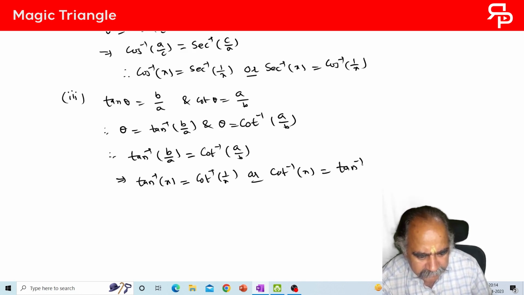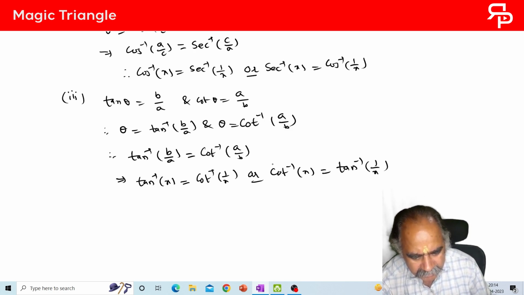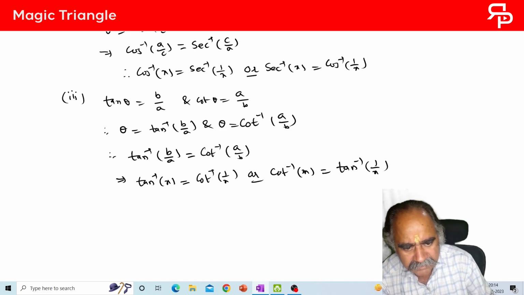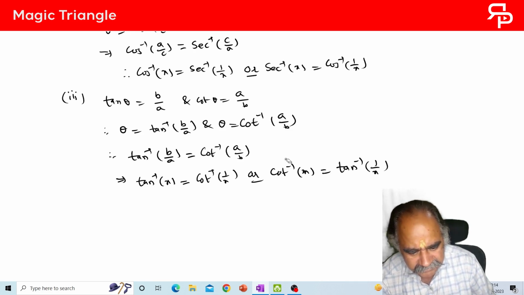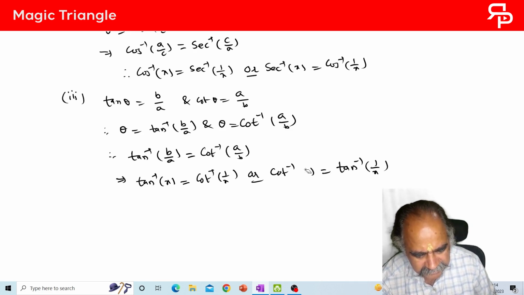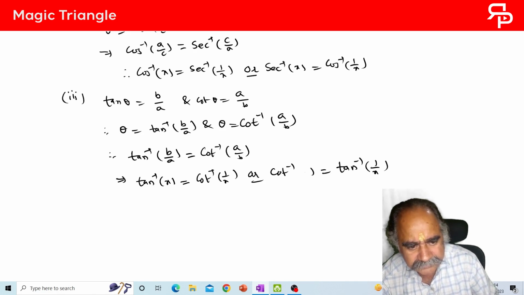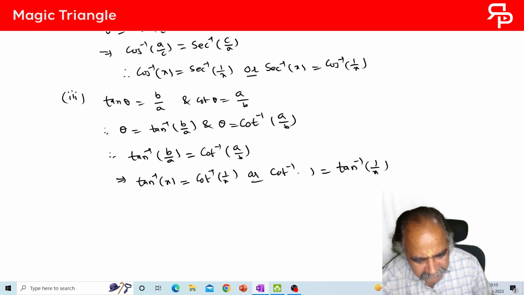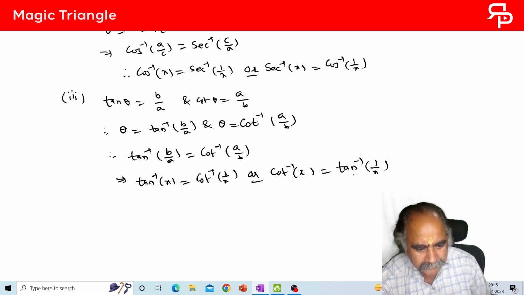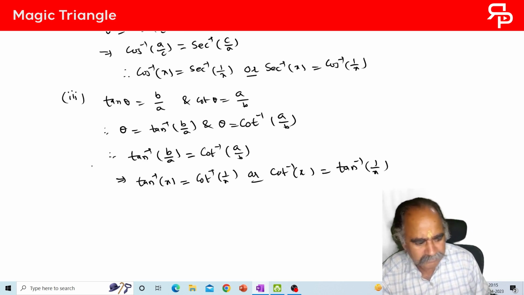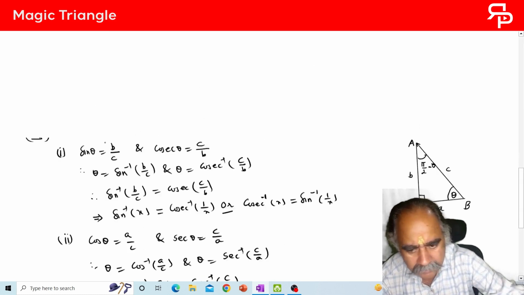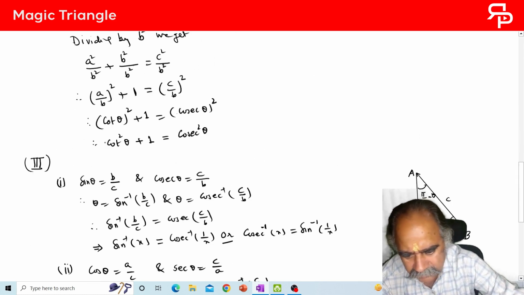These are very important formulae which we will be using at many places, which you are getting from the right angle triangle, which is R.P. Singh's magic triangle. Why magic triangle? Because this small triangle gives so many formulae. Then this was our third set.